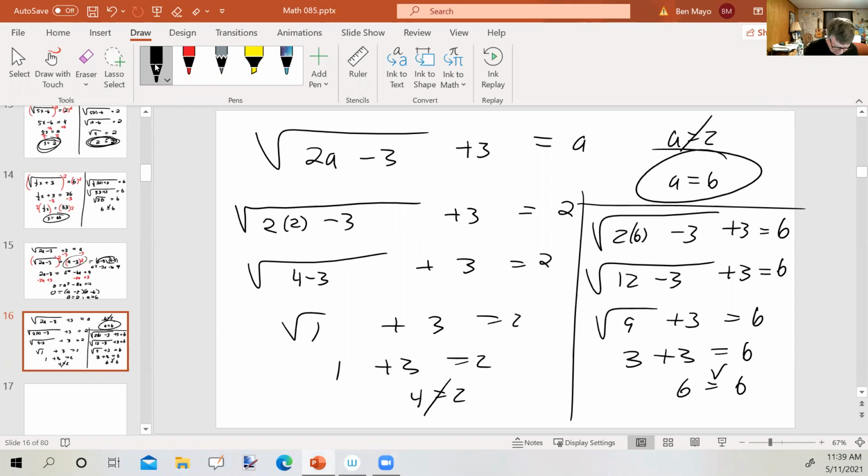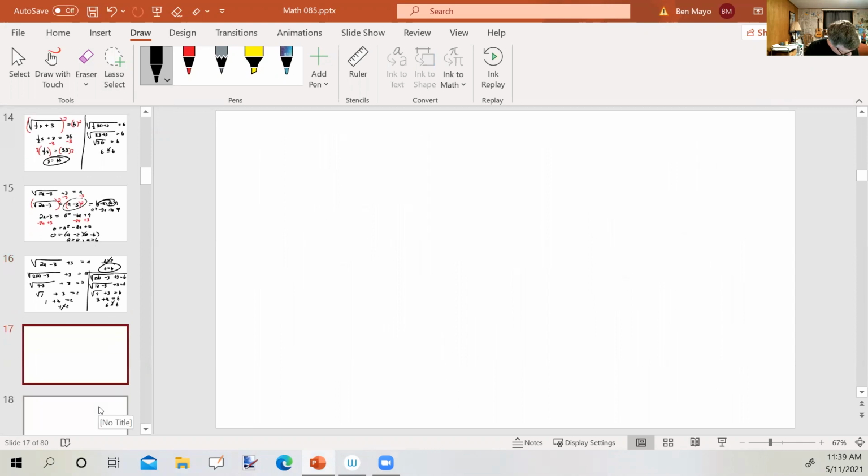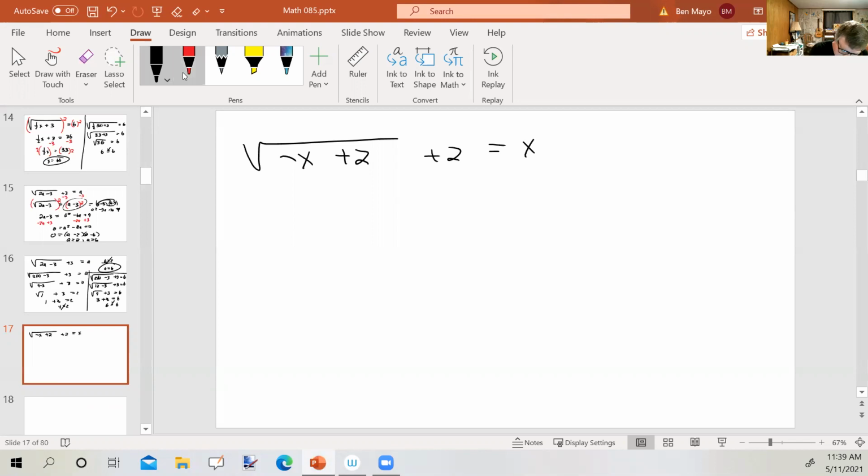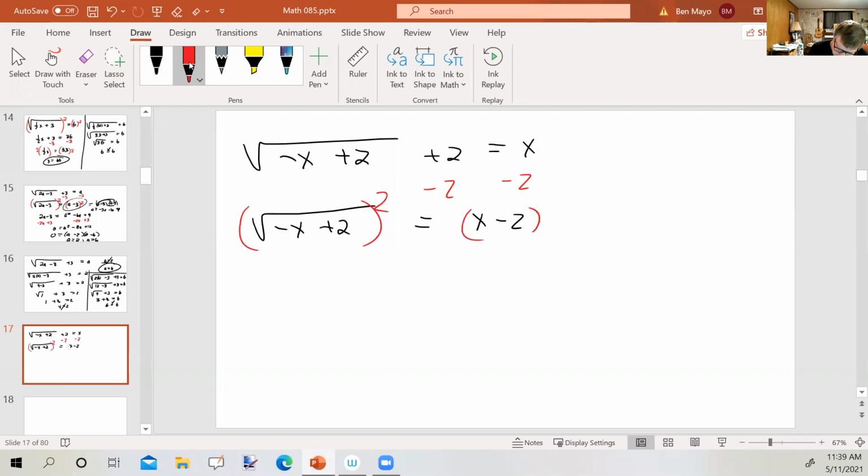Let's do another example. How about this one? The square root of negative x plus 2 equals x. The first thing I'm going to do, again, is to isolate the radical term. Then I'm going to square both sides.